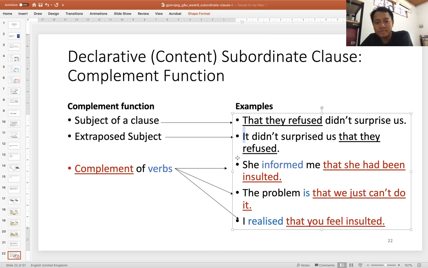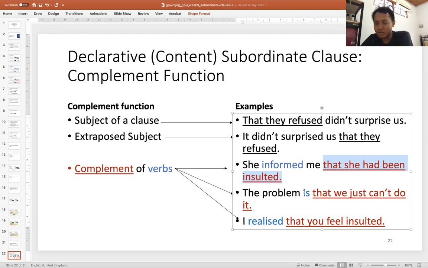Most of the time, in addition to the subject position, the declarative content subordinate clause can also function as complement of verbs, such as here: she informed me that she had been insulted. This is the verb that is complemented by this subordinate clause.